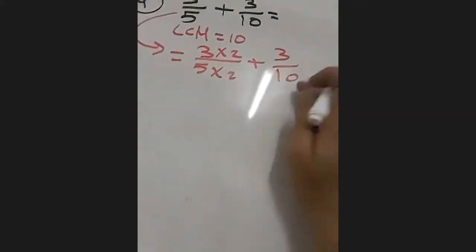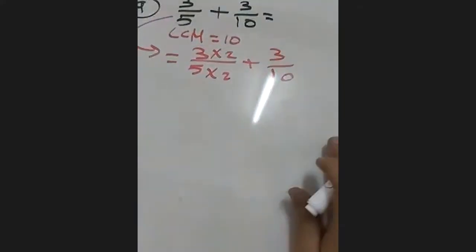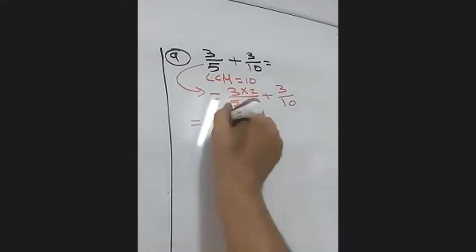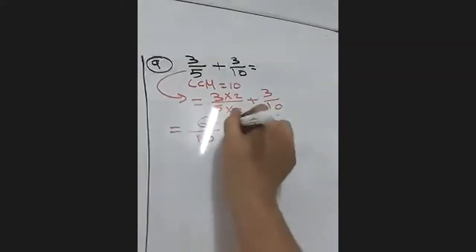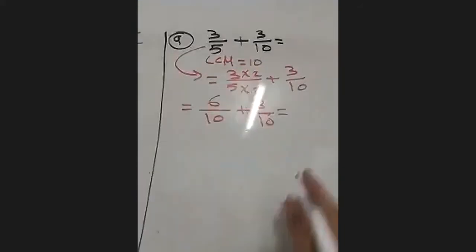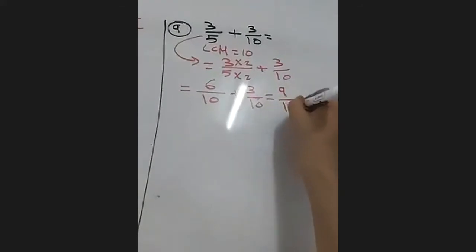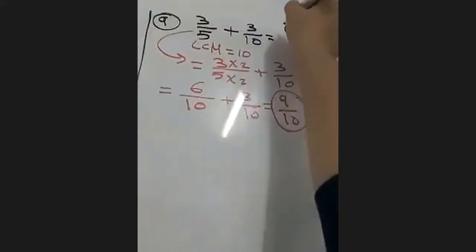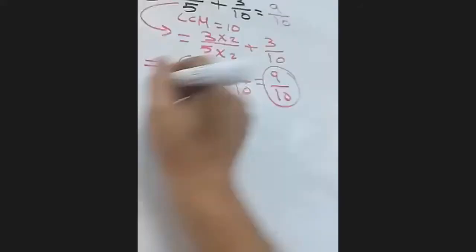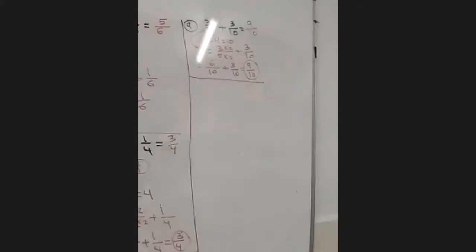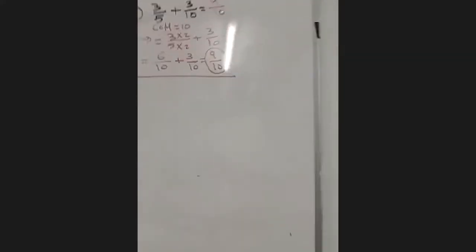Nothing, because it's the same as the least common multiple, right? Yalla, let's find the sum. Here 6 over 10 plus 3 over 10. How much? 9 over 10. Can we simplify it? No. So this is the final answer, 9 over 10. Good boy. This is question 9, done with Muhammad.